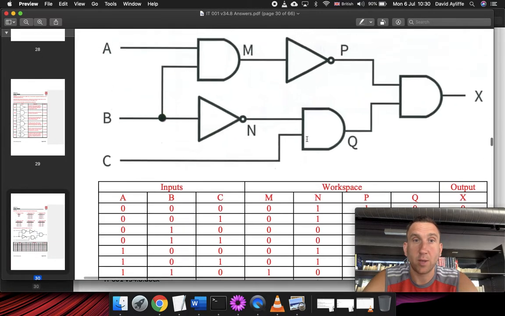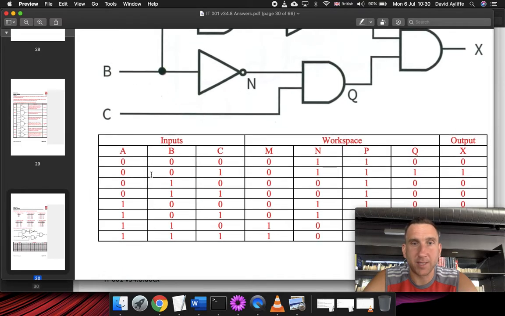Okay, so M is A and B. So 0 and 0 is 0, 0 and 1 is 0, 1 and 0 is 0, 1 and 1 is 1. Okay, so I'm happy that M is correct.